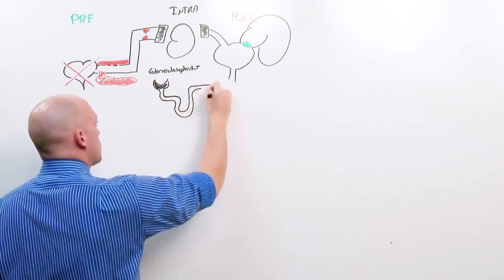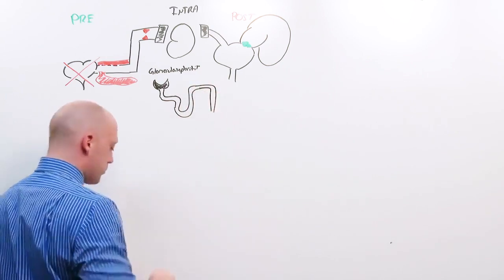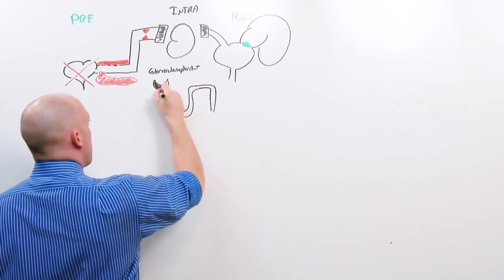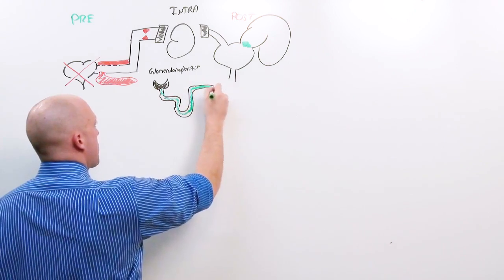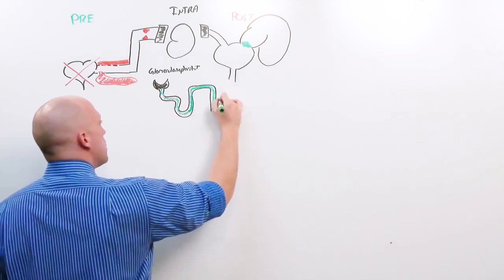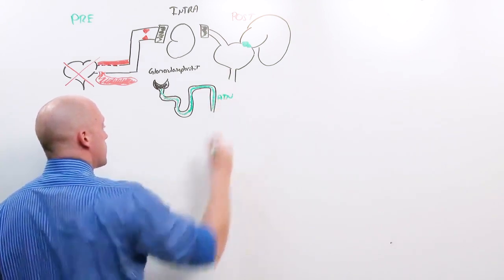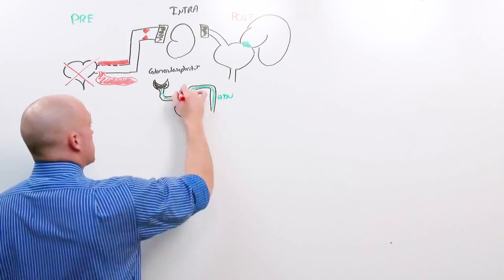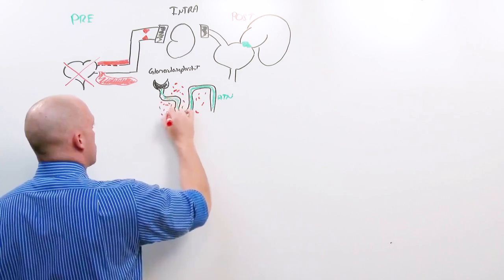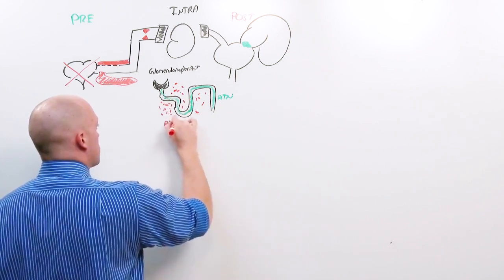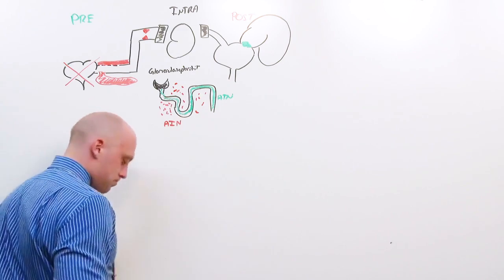The second part is the tubules, and damage to the tubules is acute tubular necrosis. And lastly, there's the space in between, the interstitium, acute interstitial nephritis.